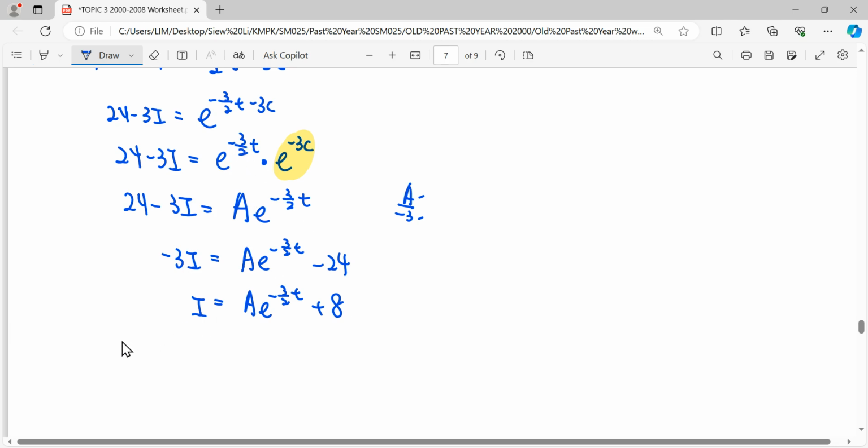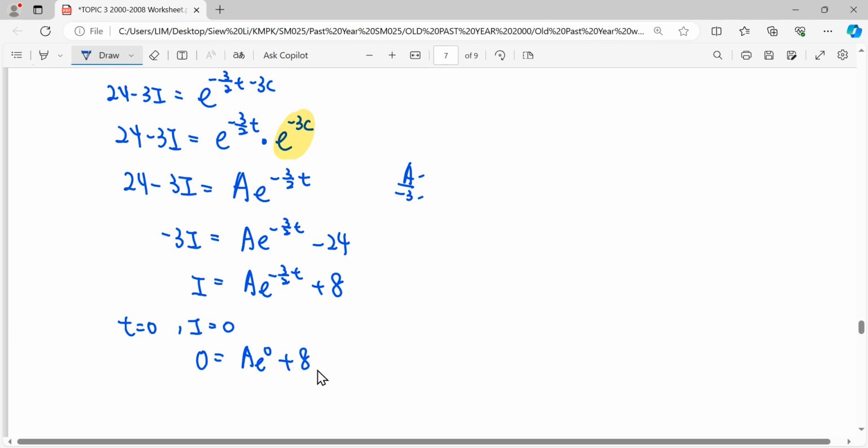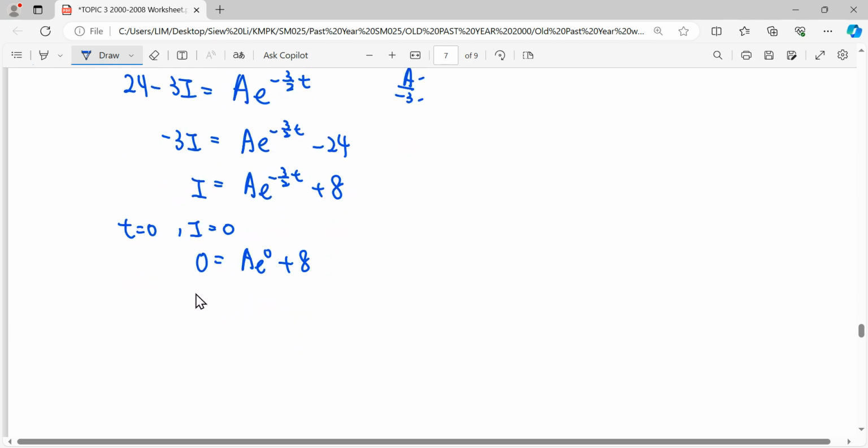Then given that when t is equal to 0, I is equal to 0, we manage to find a is -8. Therefore, our solution I in terms of t will be -8 e to the power of -3 over 2 t plus 8. So this is our particular solution.